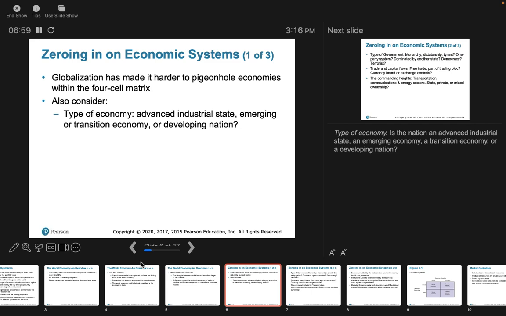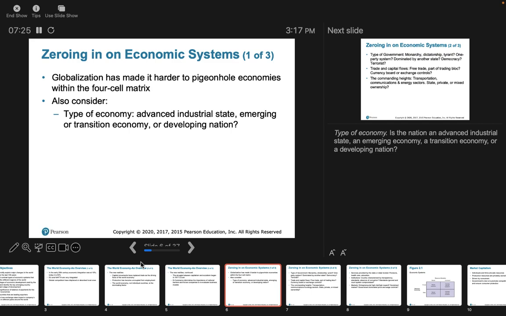However, whatever the stage or level these countries are in their economic status, it has also been difficult for economies to be pinpointed in the four cell matrix because of globalization.